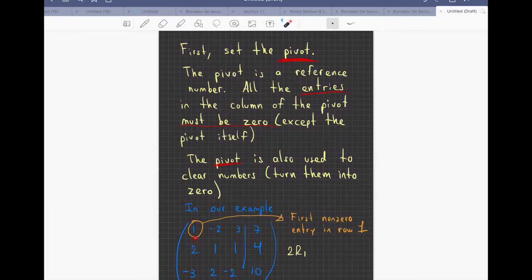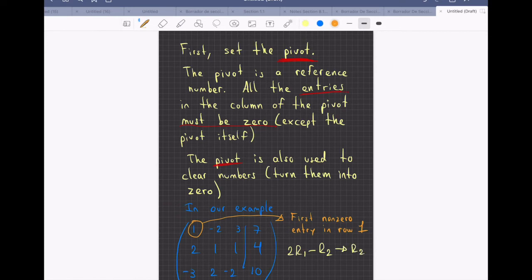Now, once you have the same numbers, we want to turn that into 0. So if we have 2 and 2, subtract: 2 row 1 minus this number located in the row 2. So minus row 2. And after that, we're going to have one result. This is going to replace the row 2.